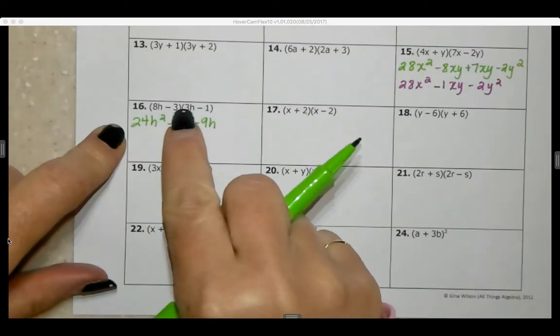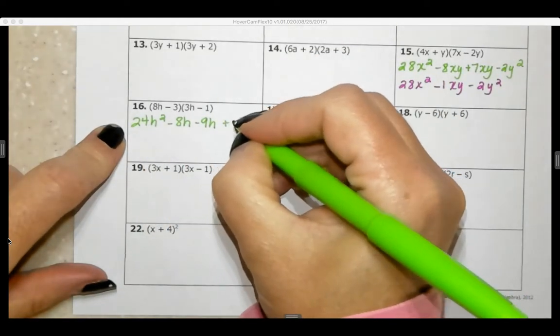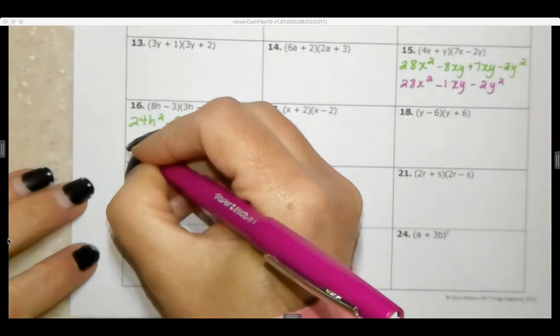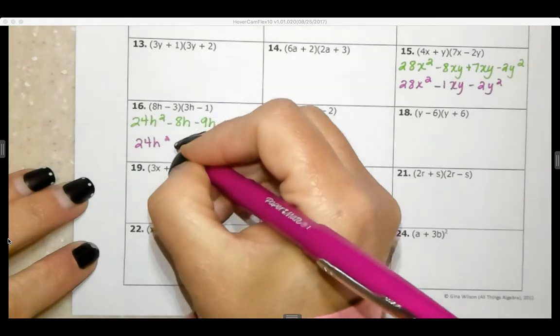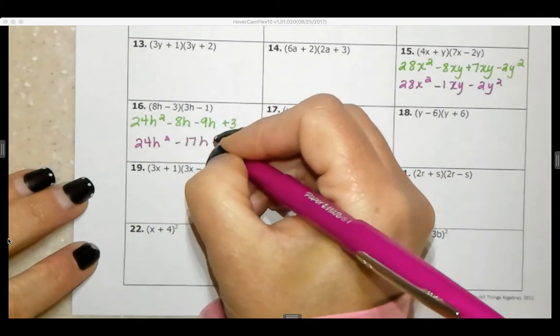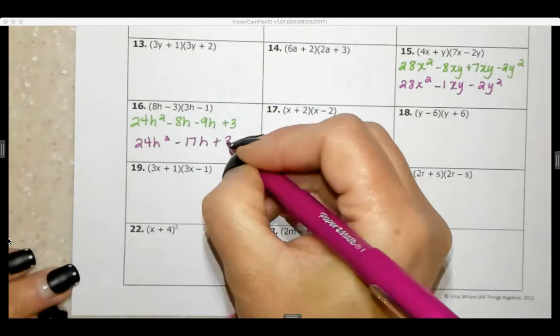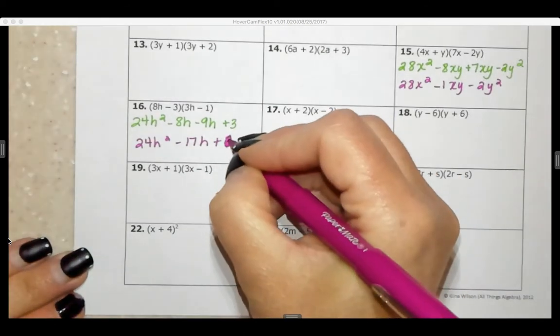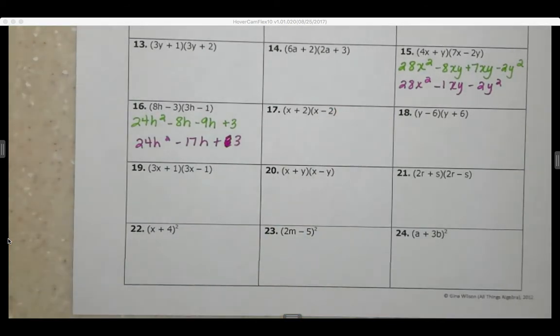And last, -3 times -1, when you multiply that makes +3. Put those middle terms together. Oops, that's a 3. Oh, geez, now it's messy. Darn. Sorry, there, that's a 3.